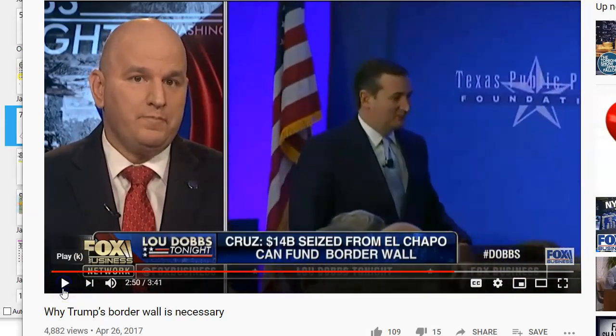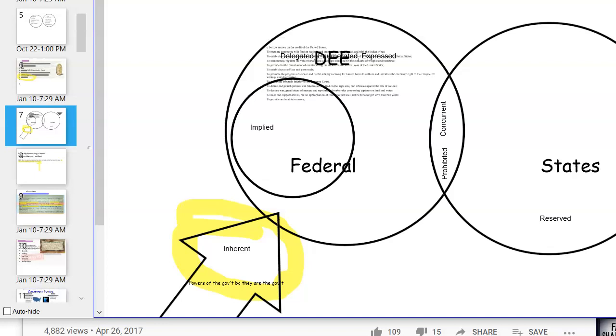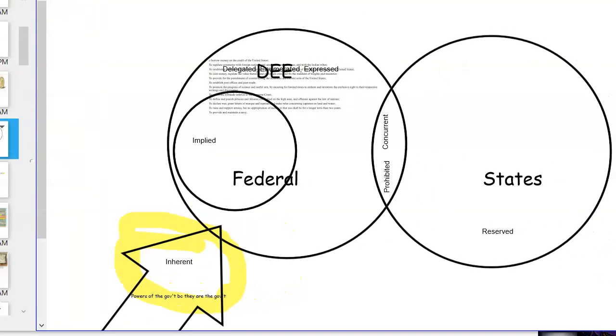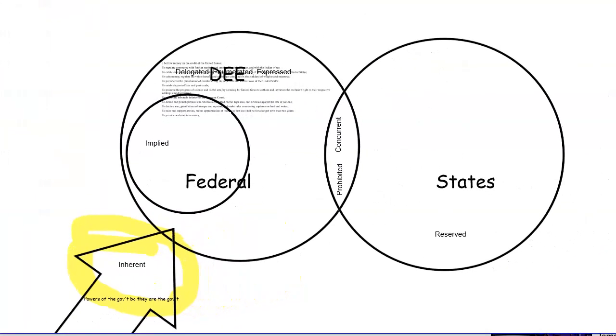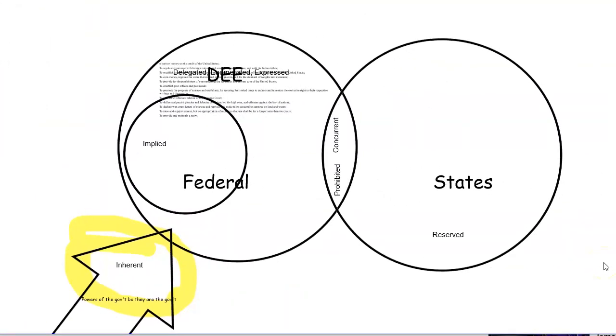Okay. So if I go back and I look again at what we have, nothing in our document, the Constitution, specifically says Congress or the president are going to protect the borders.